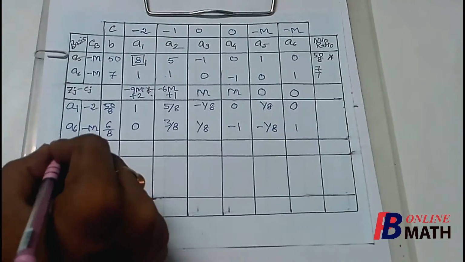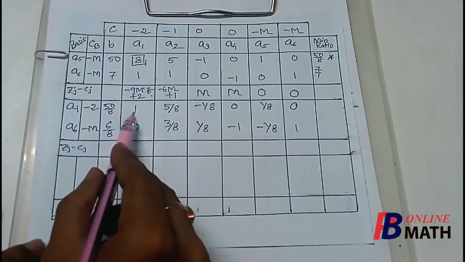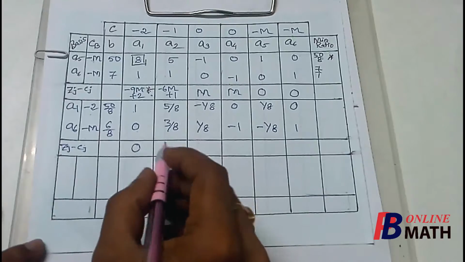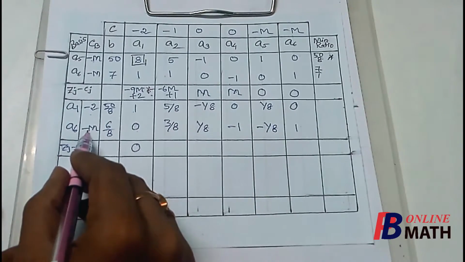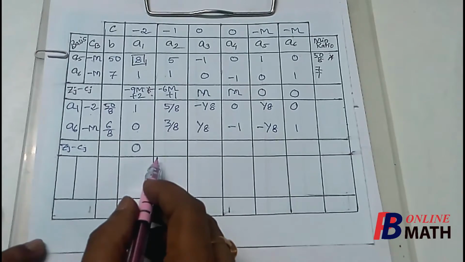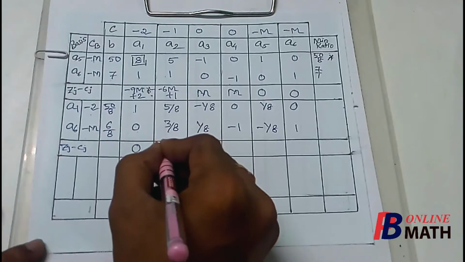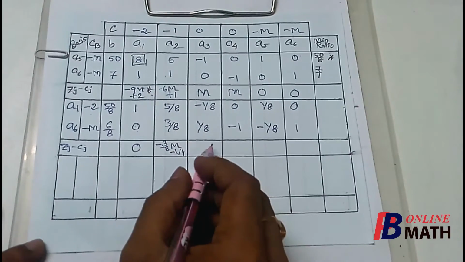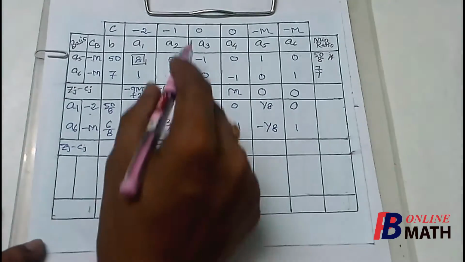Next we compute Zj minus Cj. The first value is minus 2 plus 0 minus of minus 2, that is 0. This one, minus 2 into 5 by 8 plus minus m into 3 by 8 minus of minus 1. So it is minus 3 by 8 m minus 1/4. This one, it is 2 by 8 minus m by 8 minus 0.